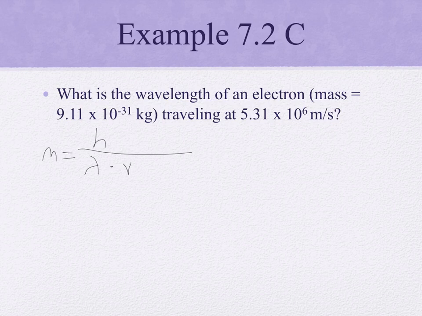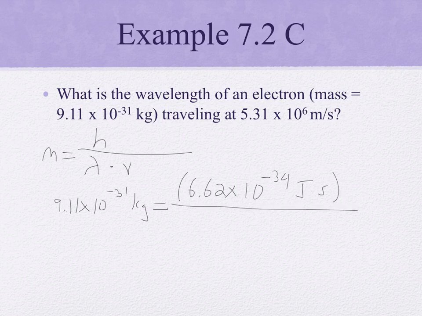Our mass here is 9.11 times 10 to the negative 31st kilograms. We leave that in kilograms because that's the SI unit for joules. It equals Planck's constant, 6.626 times 10 to the negative 34th joule seconds, divided by my wavelength and my speed. My velocity is 5.31 times 10 to the 6th.